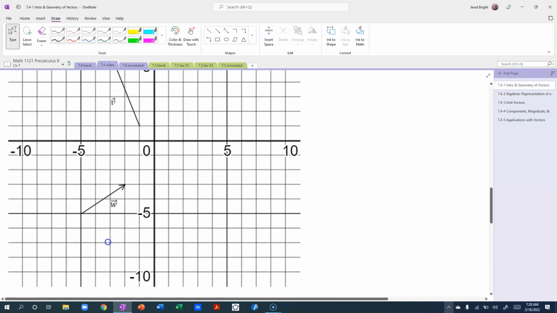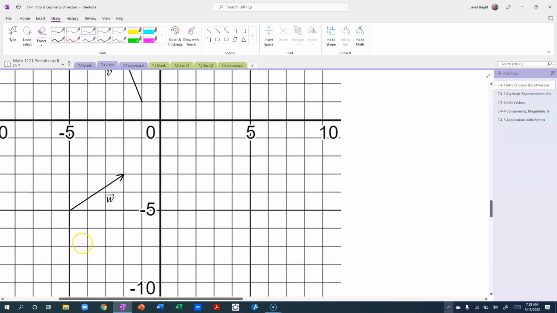So if this is w, I note that we go to the right 3 units and then up 2. So I'm going to make that same motion from where w ends: over 3 and up 2. This would be another w.